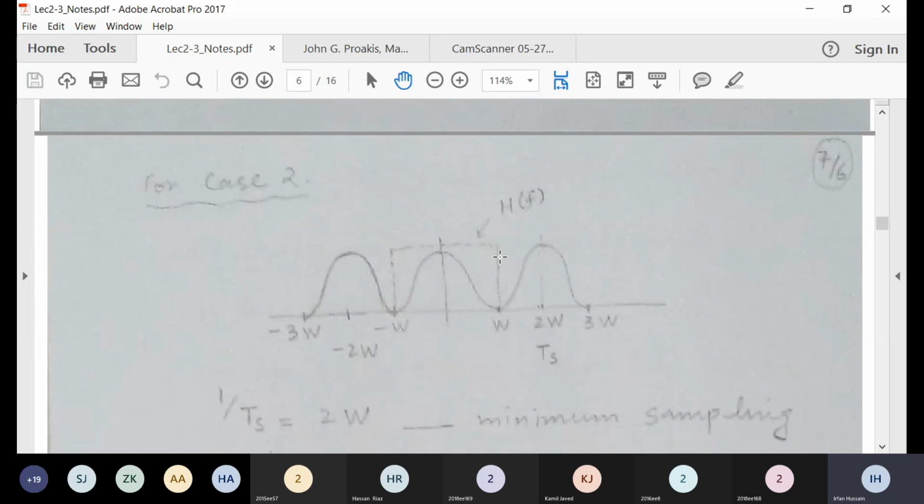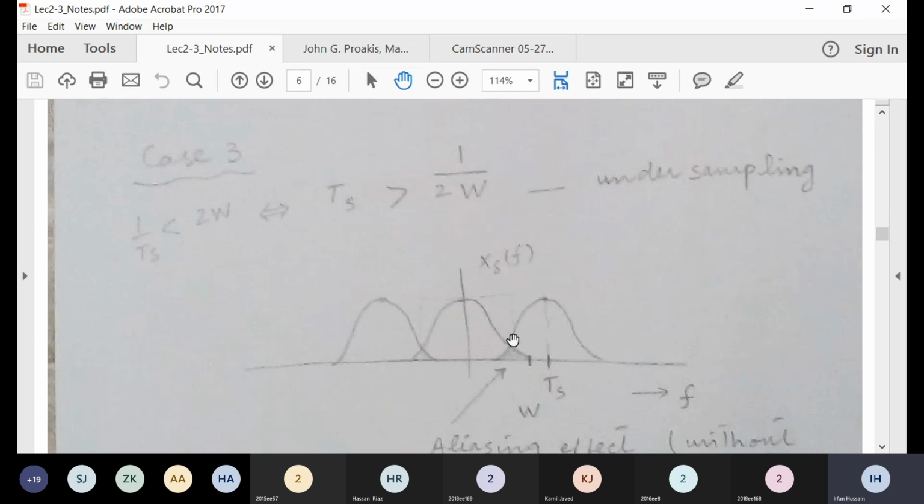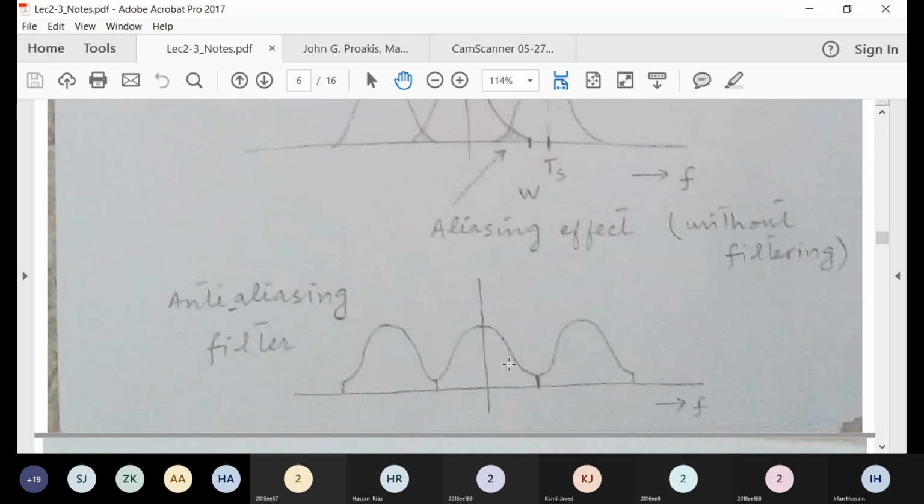By putting the signal through an anti-alias filter, you can see that the signal will already be cut at this portion. So even the replica will not be able to cause interference because the signal has already been band limited. Look, it was band limited before too, but previously its bandwidth was going up to here. So you have this much range. So why don't we cut the signal at this point?